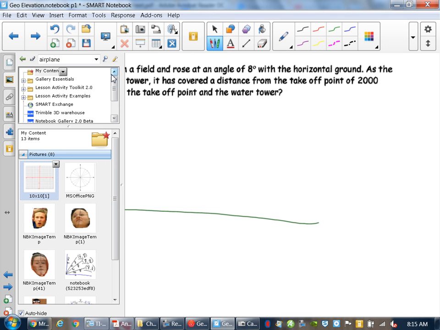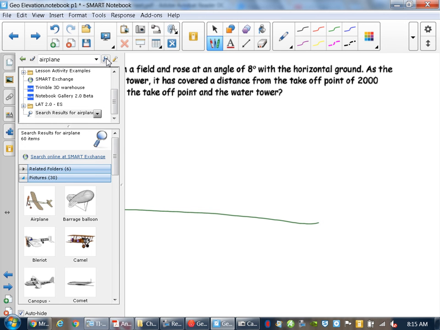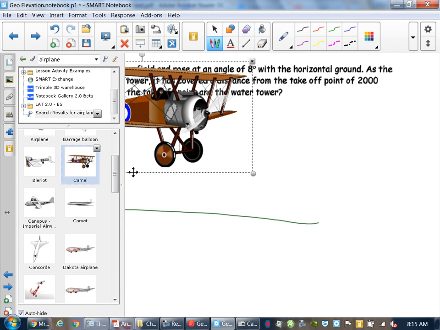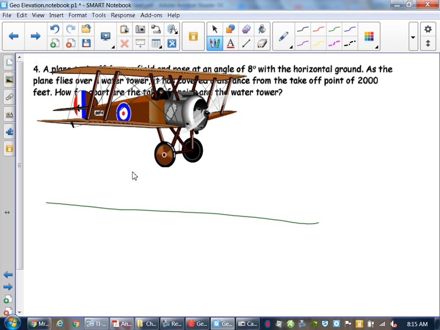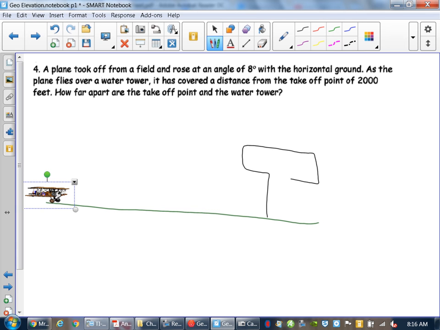Everyone, two fields. Just find out what's up. Probably crash. Mr. Murphy, I thought you were sticking off. It's getting there. And then you have a water tower.